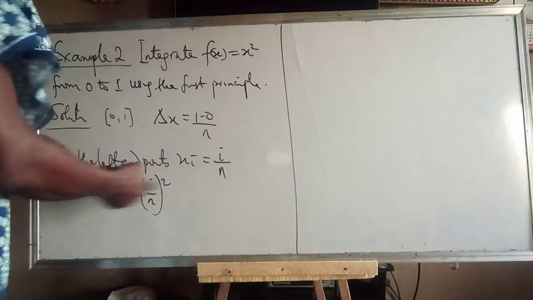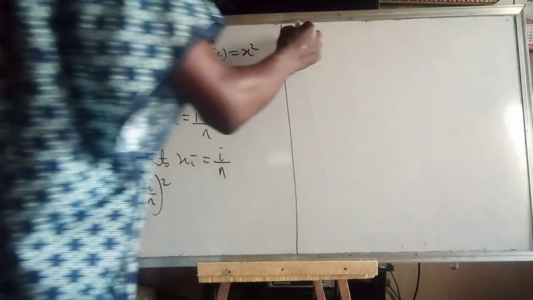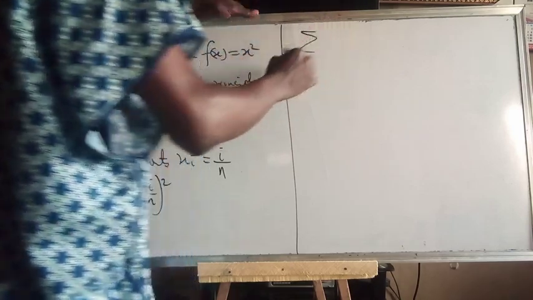Now, by bringing them together using the concept of Riemann integration, we're going to have the summation of f of xi multiplied by the change in x, as i moves from 0 to n minus 1.